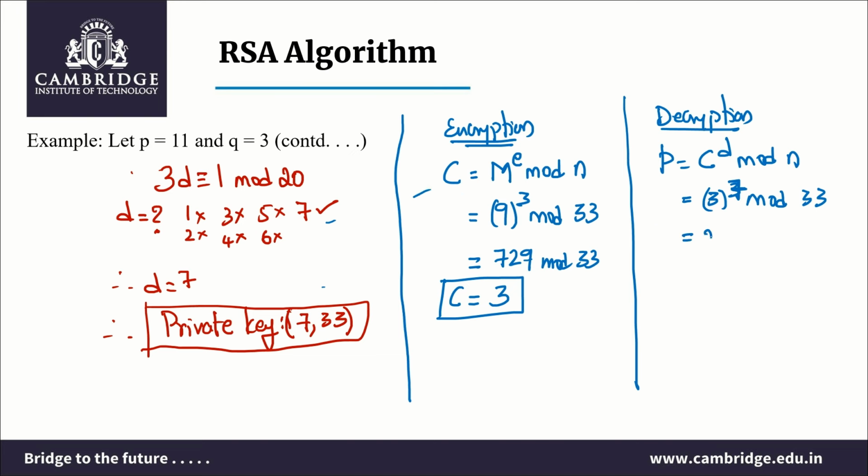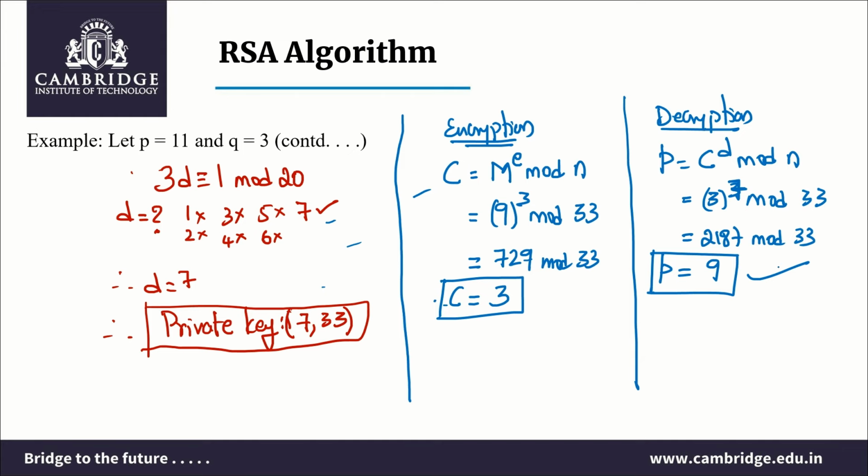So it is 2187 mod 33. When you calculate the mod of this, we are going to get 9 here. Did we get back the original message, the plain text?